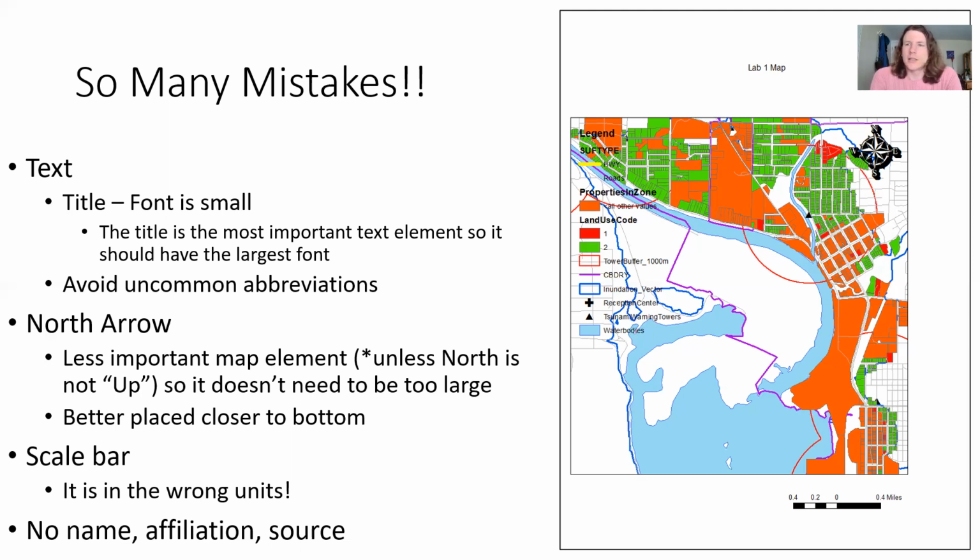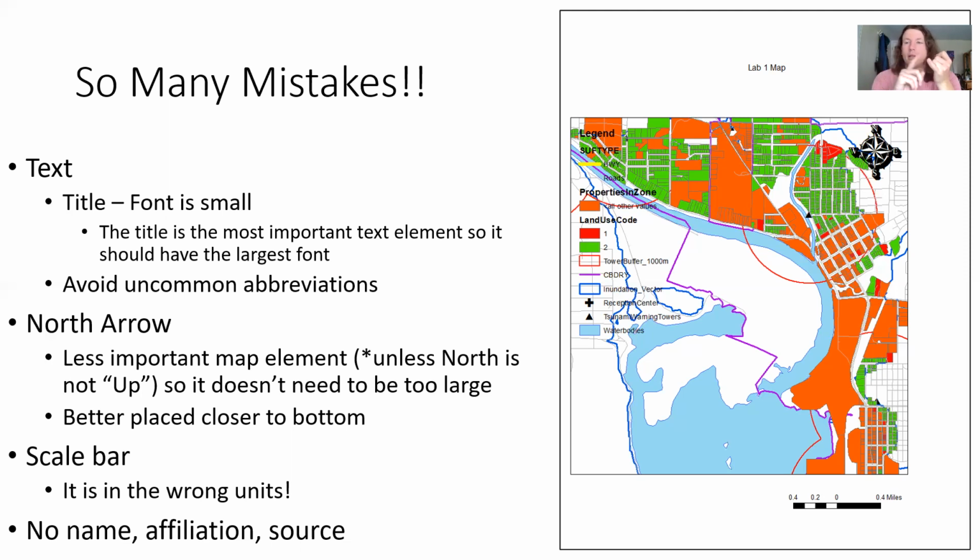So the scale bar, another important one, is in the wrong units. We're in Canada, we use the metric system, so don't use imperial units unless you're making a map for somewhere in the US. It's also missing the name, the affiliation, the source. It's very important when making a map to say who you are.